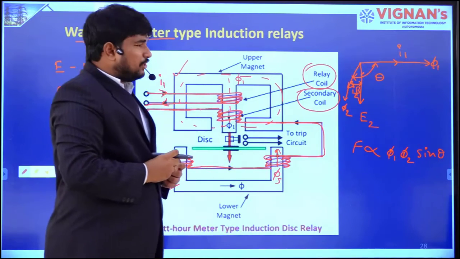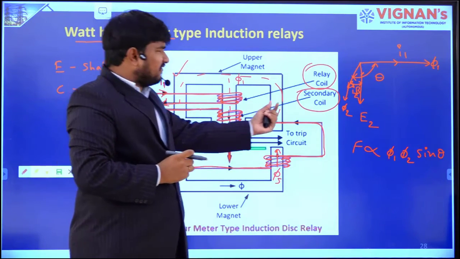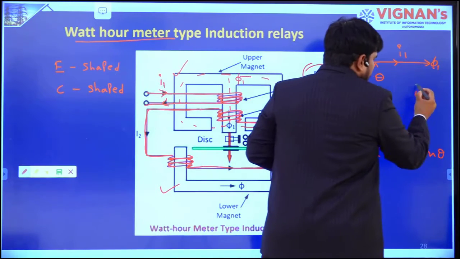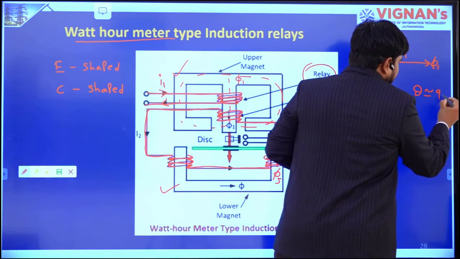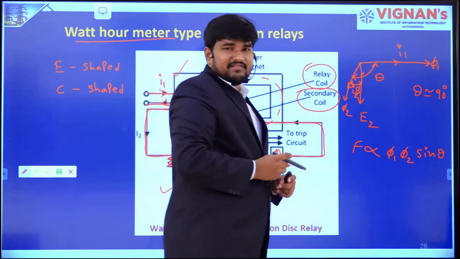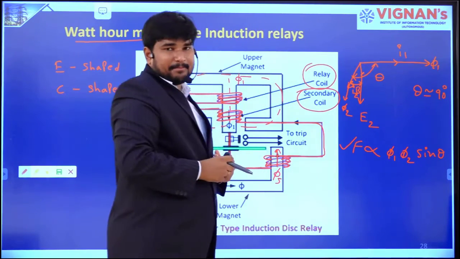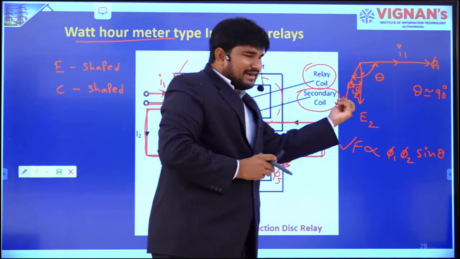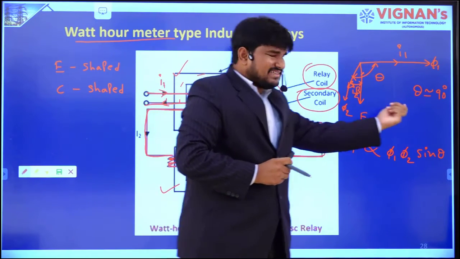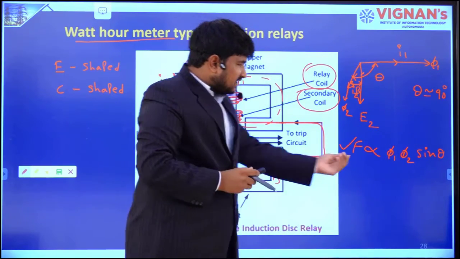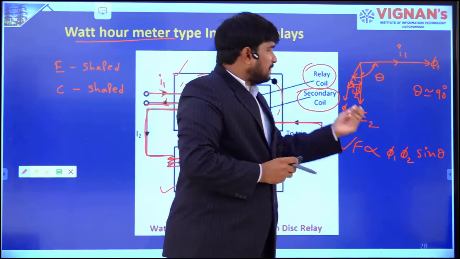Whenever beta is very small, theta will be approximately equal to 90 degrees. Hence, the force will be maximum. By adjusting the beta value, I am getting theta as 90 degrees. Now, this phi 1 is because of I1, right?